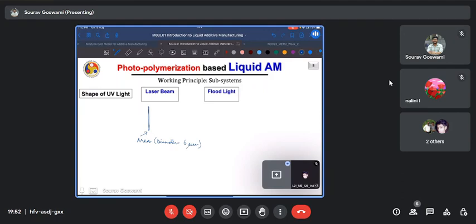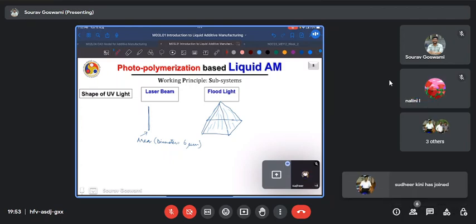Or you can use a floodlight where you are exposing your entire build area to light, irrespective of which areas you want to keep or remove. The areas of interest are marked out by the mask based or the digital light processing based techniques that we discussed in the last slide.